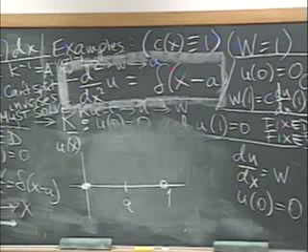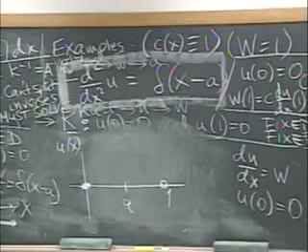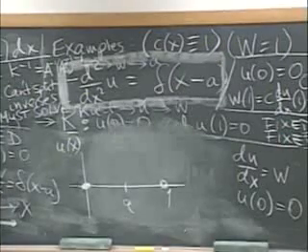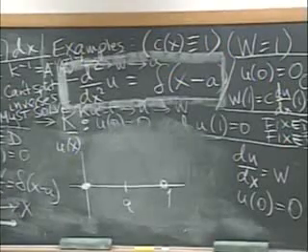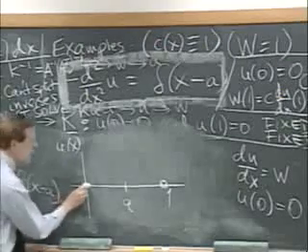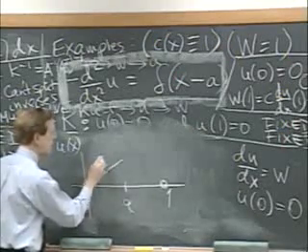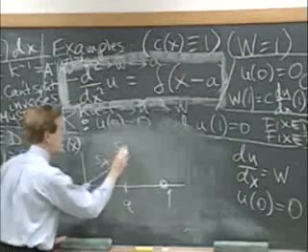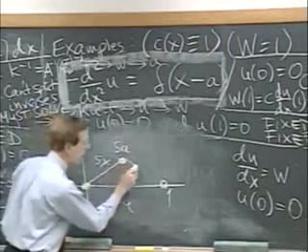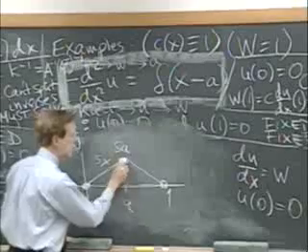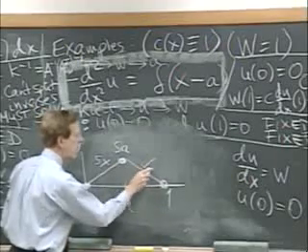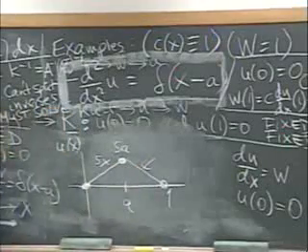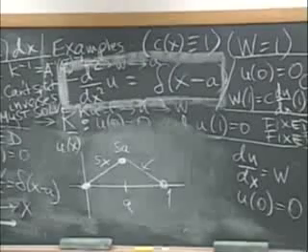So it goes up with constant slope S, so it's Sx, reaching some point Sa. And then it's dropping at what slope? What's the slope here? S minus 1.